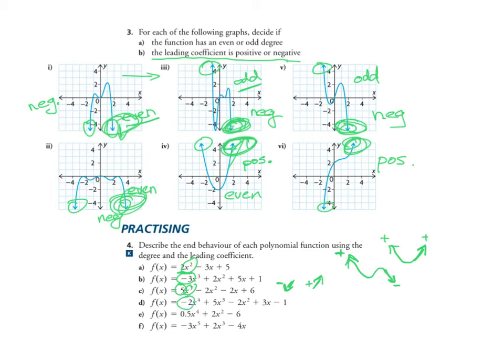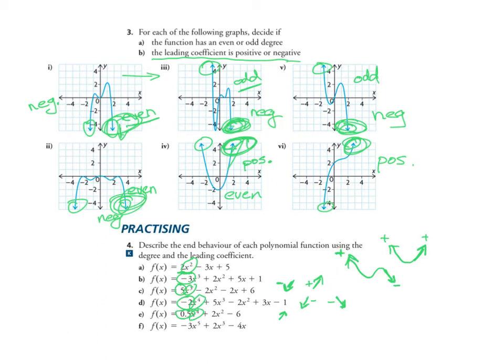Leading coefficient is negative, so that means when I plug in a really big number for x, the answer is going to be negative. And since it's degree 4, both sides are going to be the same. So negative, negative. Over here, the leading coefficient is positive, so it's going to go up.